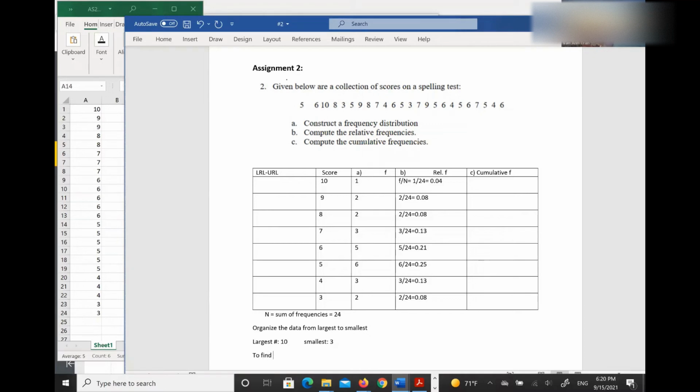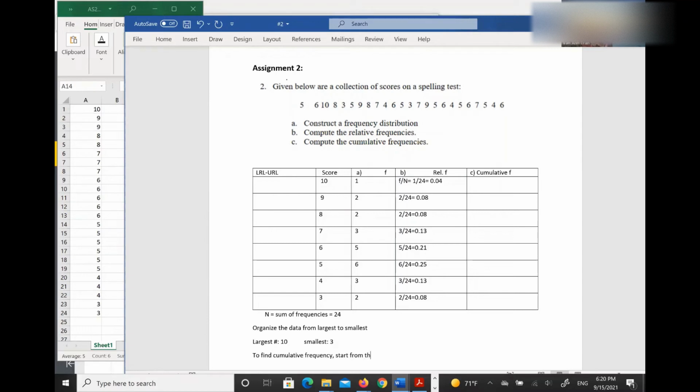To find cumulative frequency, start from what? Everyone, from the top down or from the bottom up? Type in the chat for me, from bottom up or from top down? From the bottom up, right?